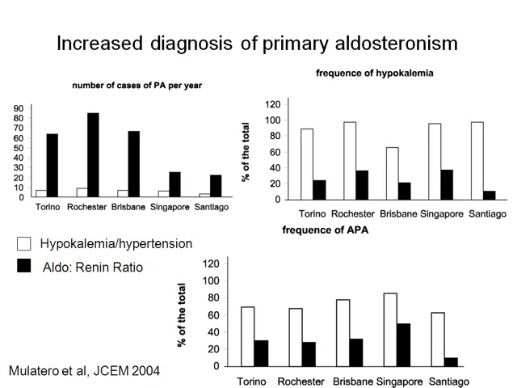And if you look at the frequency of the aldosterone producing adenomas in each of these sites, the people who are diagnosed by the renin criteria have much fewer adenomas than do the people who are diagnosed by hypokalemia and hypertension.